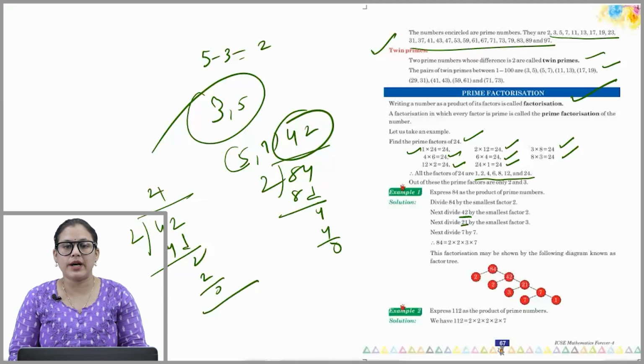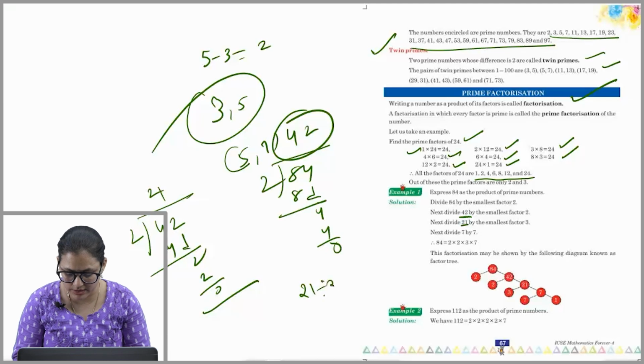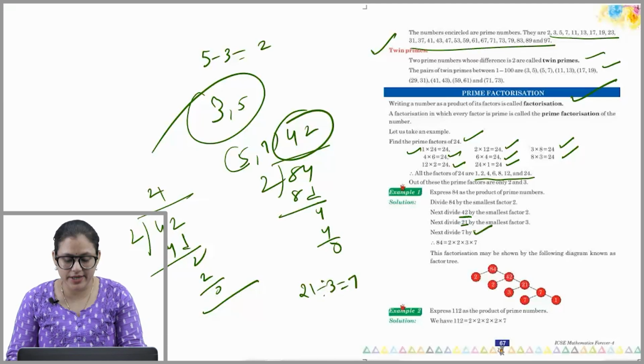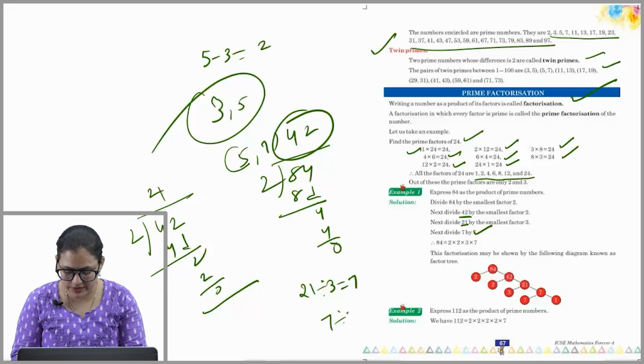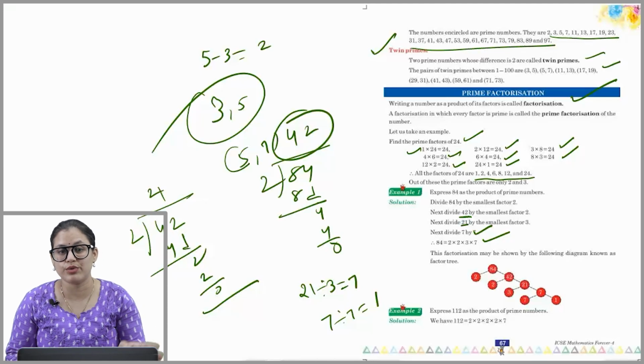Next, divide by the smallest factor 3. You will divide 21 by 3, you will get 7. Next, divide 7 by 7. If you divide 7 by 7, you will get 1. So, the prime factors of 84 are 2 into 2 into 3 into 7.